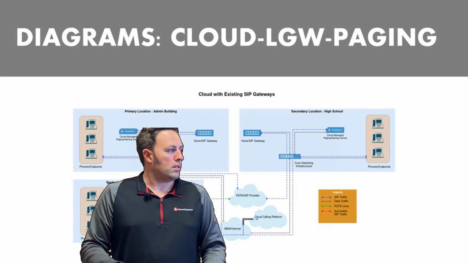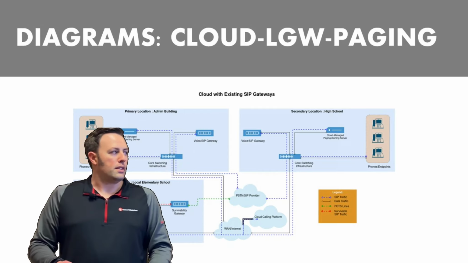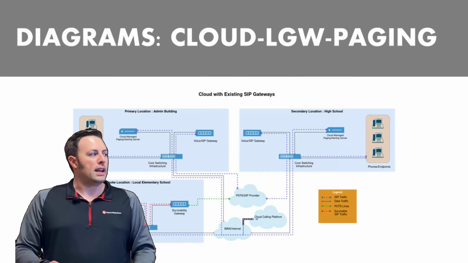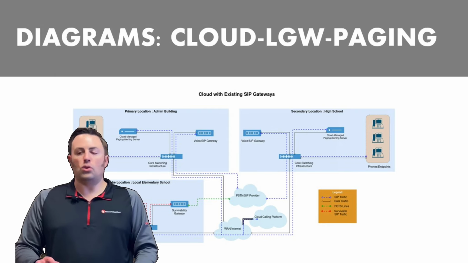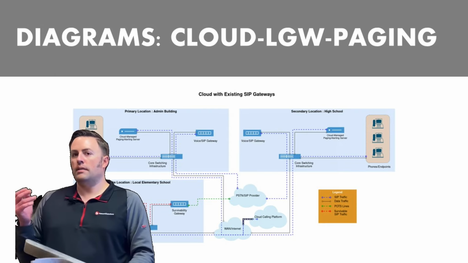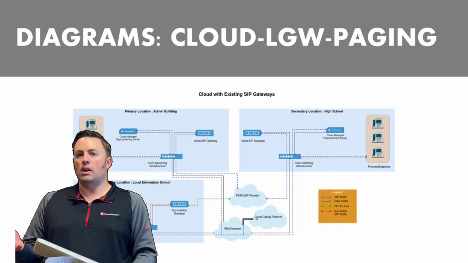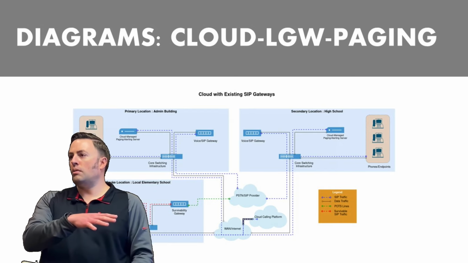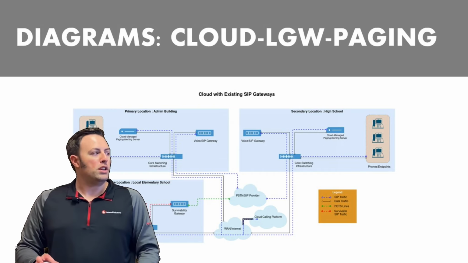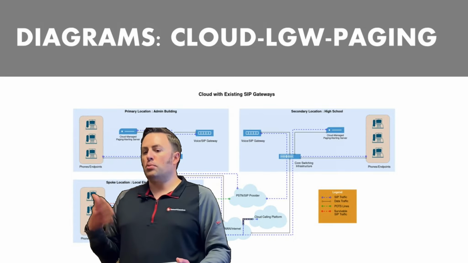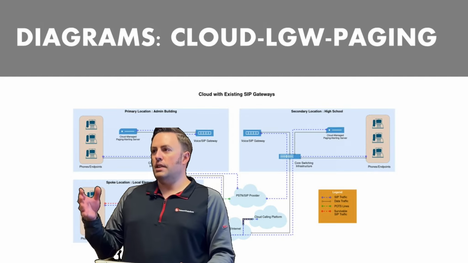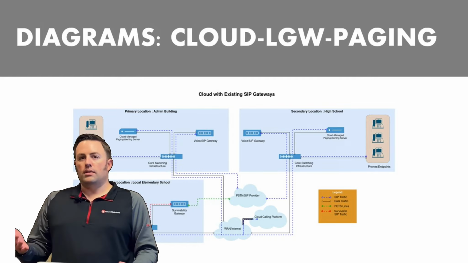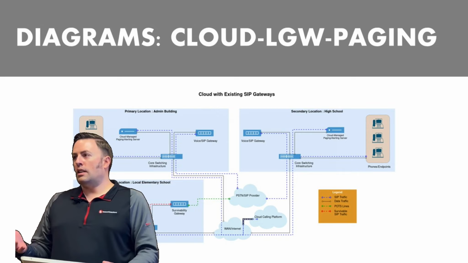Okay, where things get a little bit more fun is this model, where you've got a cloud calling system that has local gateways providing SIP service that were maybe there before when everything was on premise. They can be reused in this. So if you have special pricing set up with an AT&T or something like that, and you already have these SIP gateways here, you can use those in the cloud setup.